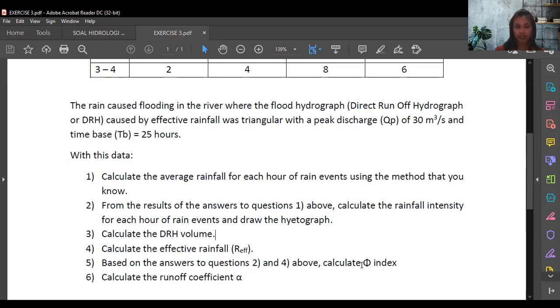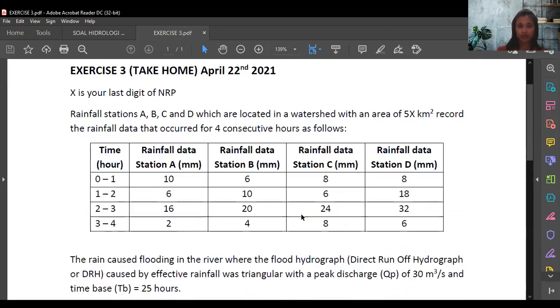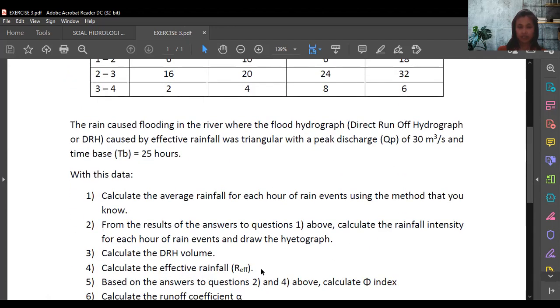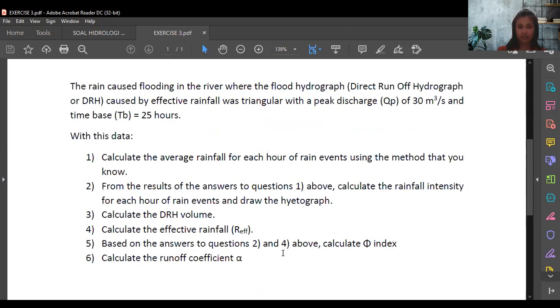The effective rainfall is the DRH volume divided by the area of your watershed. Here we have like 50, 51, 52, or 50 until 59. Then you got the effective rainfall. After you got the effective rainfall and you already drew the hydrograph, you can calculate the V index.